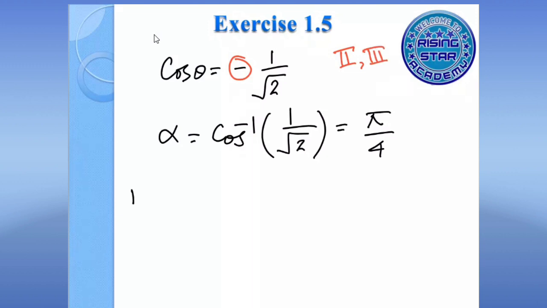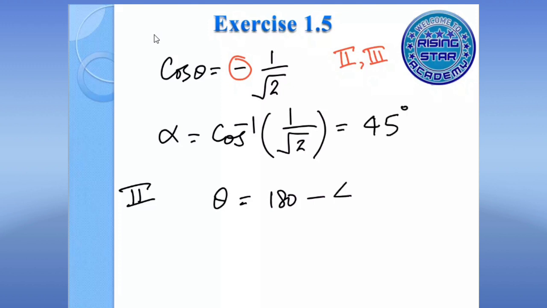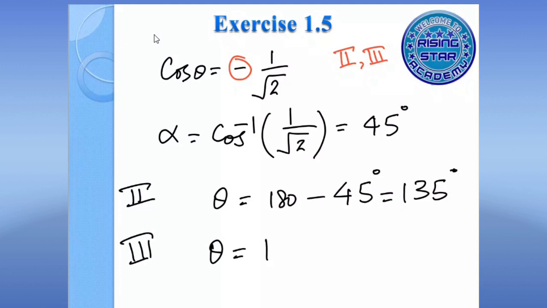So for the second quadrant, theta would be equal to 180 minus alpha, that is pi by 4, or you can say 45 degrees. So that would become 135 degrees. And for the third quadrant, theta would be 180 plus 45, that would become 225 degrees.